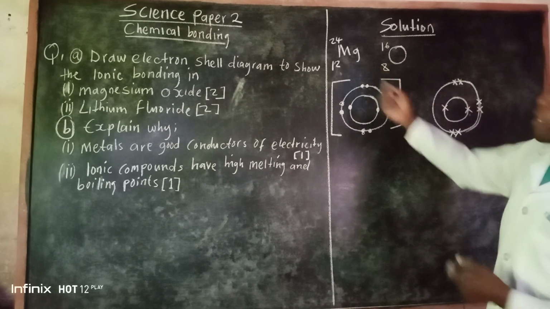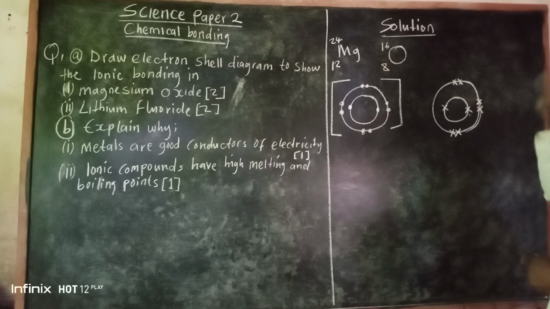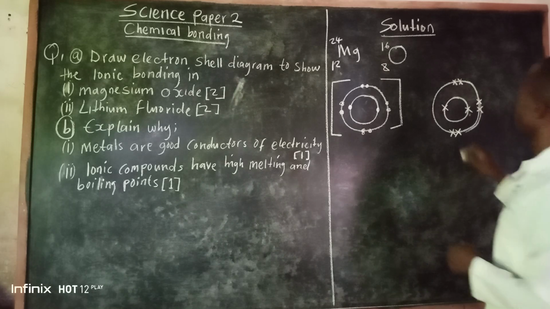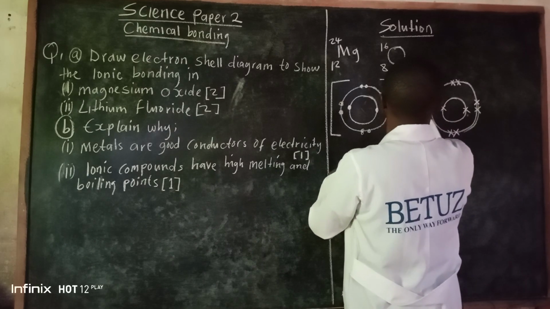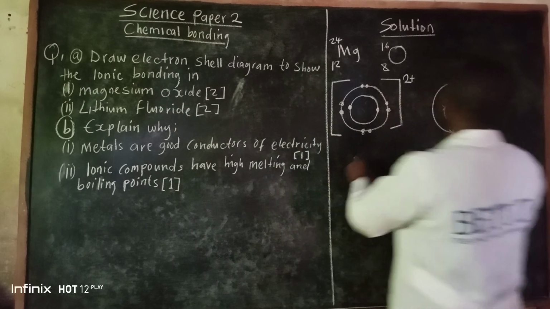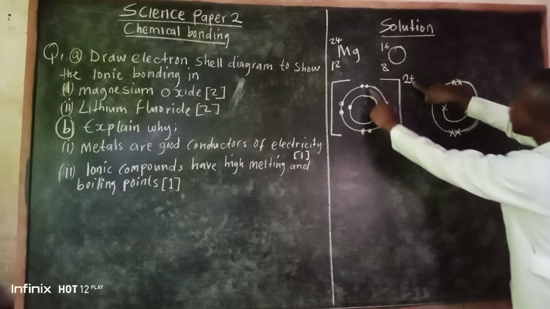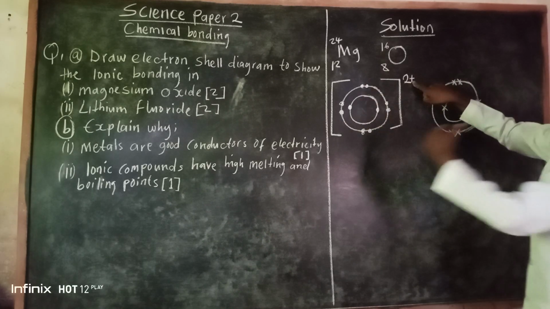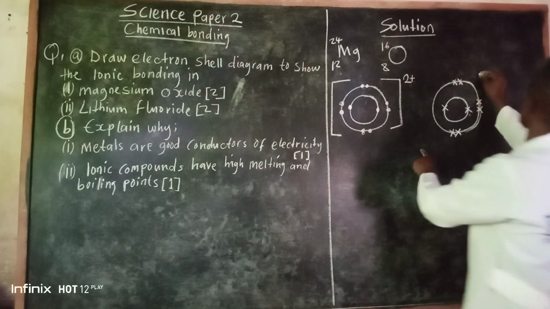So those 2 electrons left in the outermost shell are going to be transferred. Here we are going to indicate a 2+, showing that this element has transferred 2 electrons to oxygen.